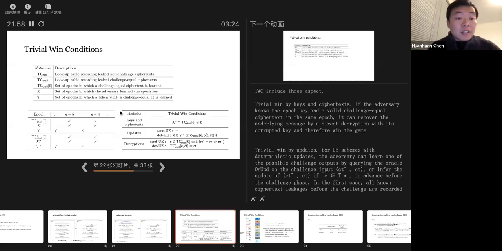That is called extended leakage. And we give our summary of the trivial win condition here using the extended leakage.